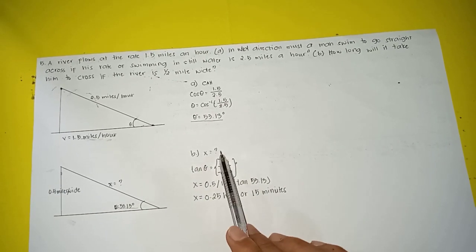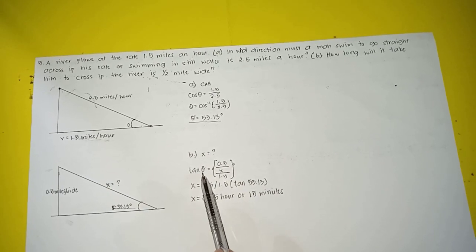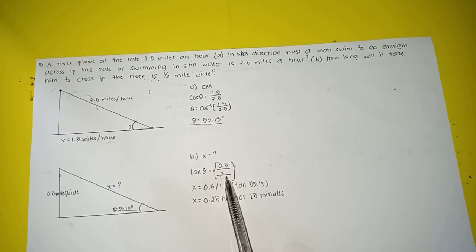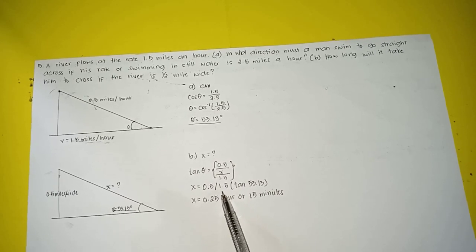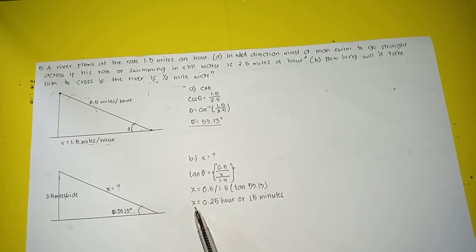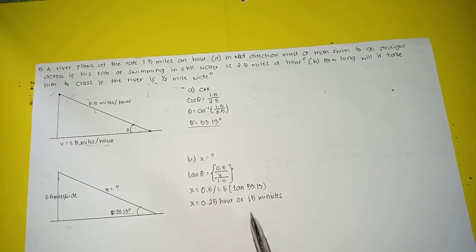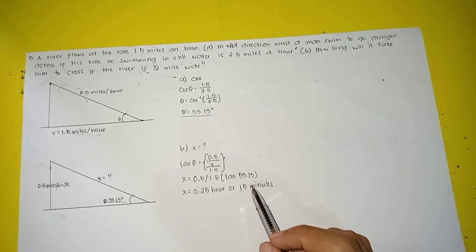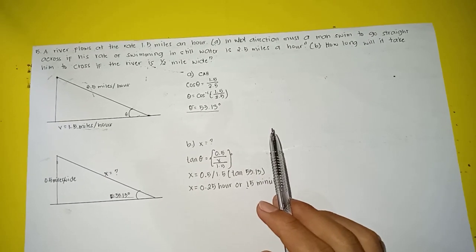So x is what we're finding, and then tan theta equals 0.5 over x over 1.5. X equals 0.5 over 1.5 tan 53.13. X is equal to 0.25 hour or 15 minutes. So 15 minutes is the time that he needs in order to cross the river.